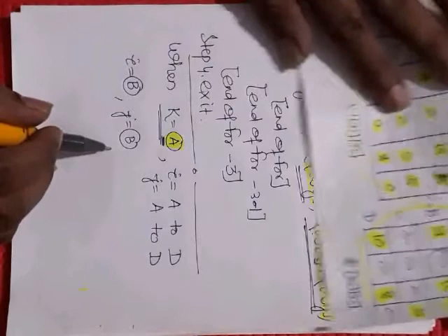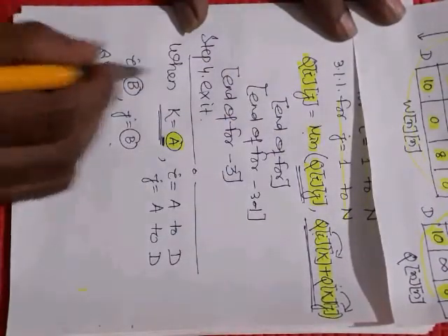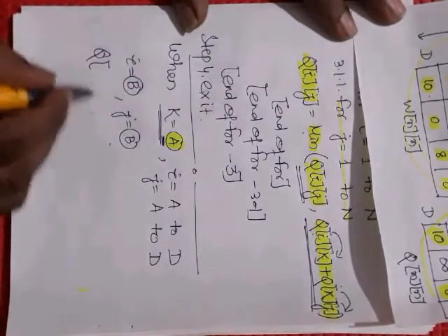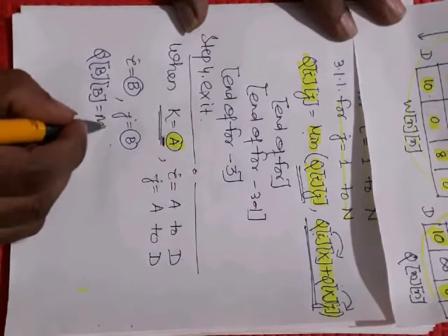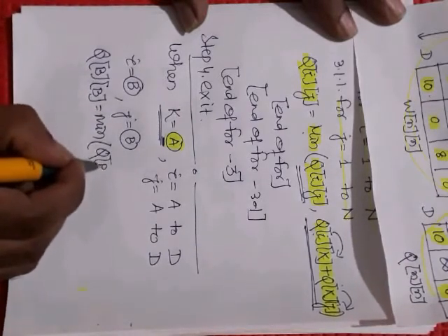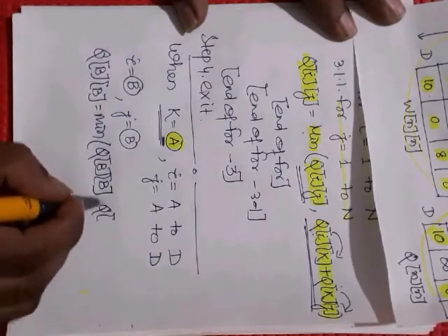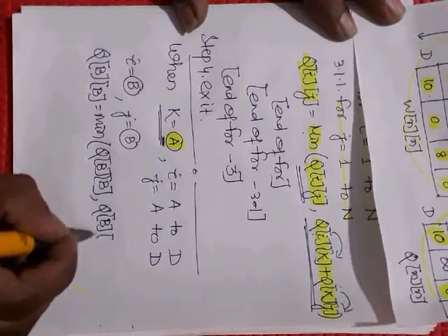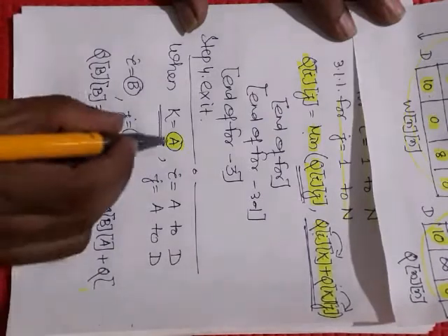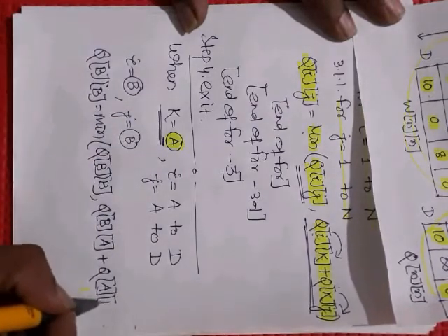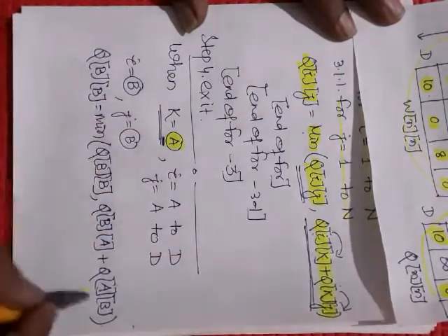Let us write this line here: Q of ij equal to, with i is b and j is b, Q of bb equal to minimum of Q of bb, comma, Q of ik, where i is b and k is node a, so b to a, plus Q of kj, where k is a and j is again b, so a to b.